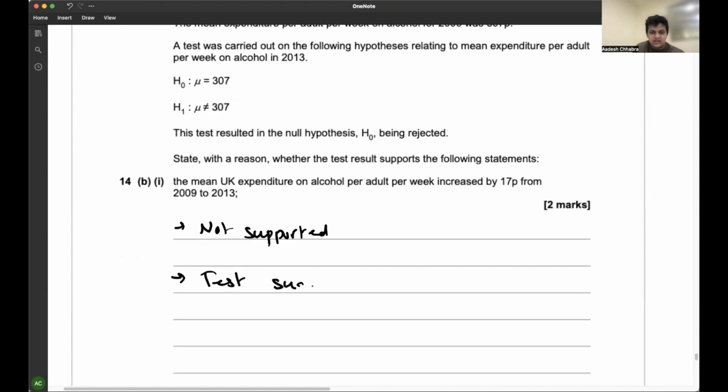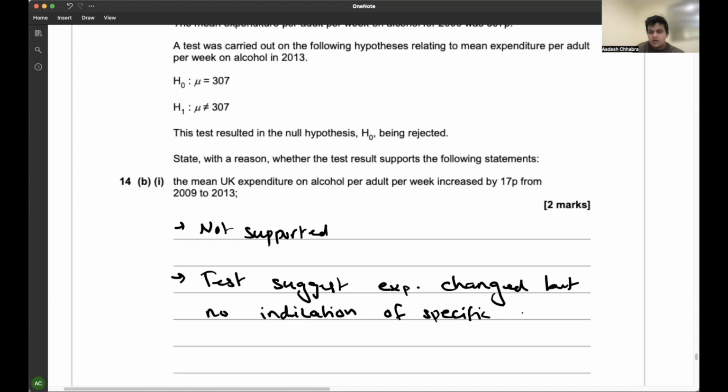The test suggests expenditure changed, but there is no indication of a specific amount. Okay, so that is this part.